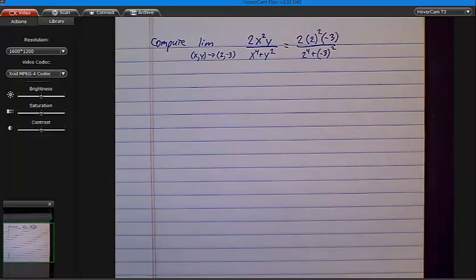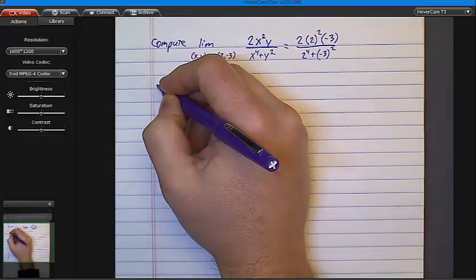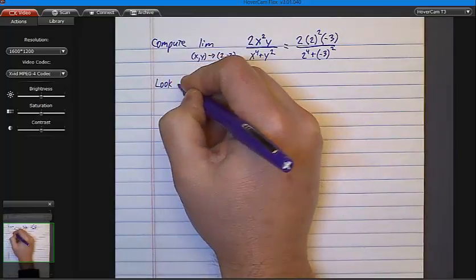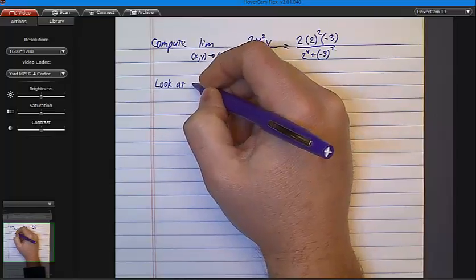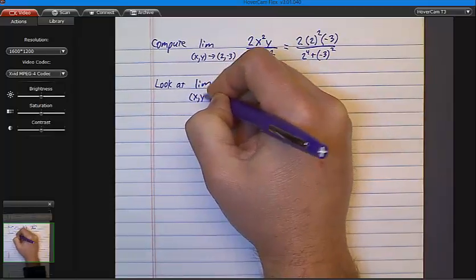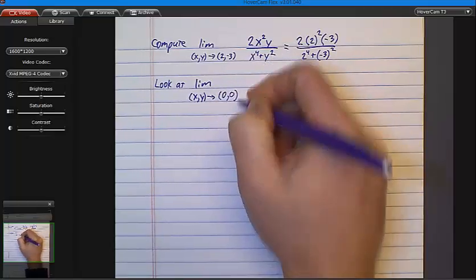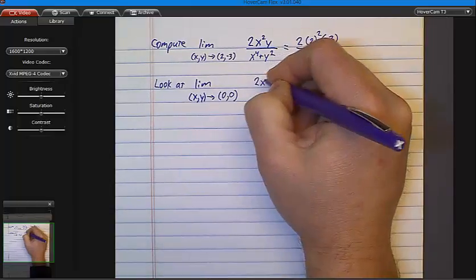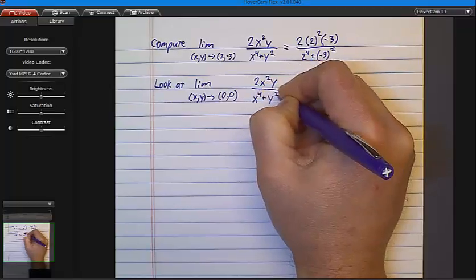So, I might wonder, let's look at this function. Let's consider the limit as x, y approaches 0, 0, right, of this function: 2x squared y over x to the fourth plus y squared.